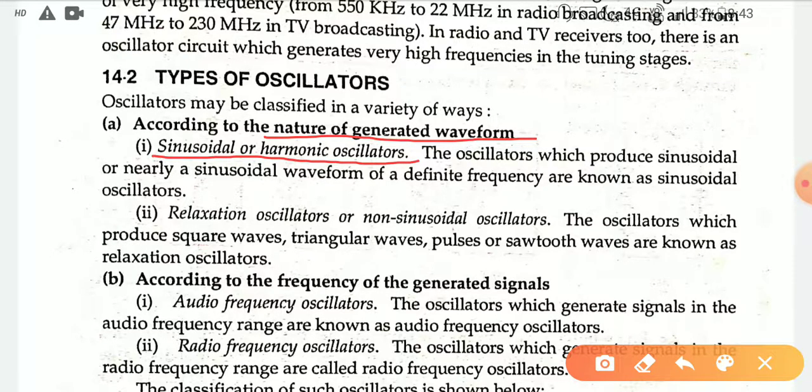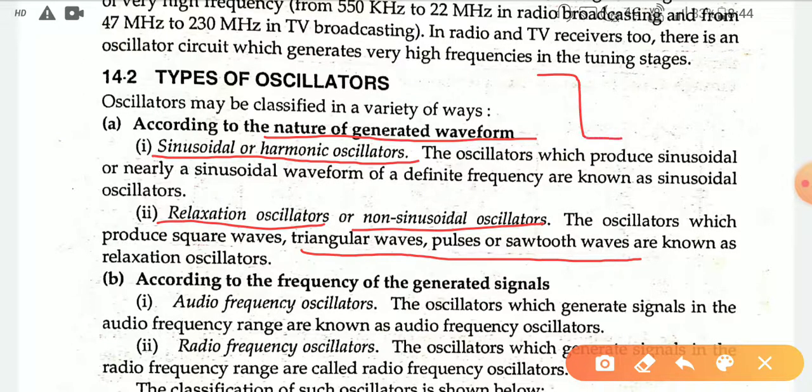If it generates a non-sinusoidal signal, it is named a relaxation oscillator, another kind of oscillator. Typical examples for the relaxation oscillator are square waveform generator, triangular waveform generator, pulse or sawtooth waveform.